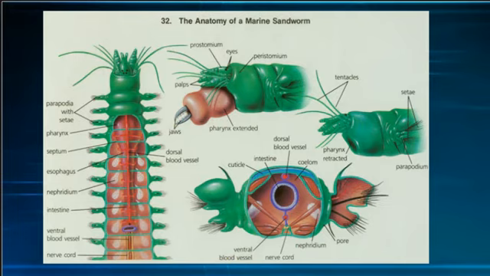The nephridium are kind of like little kidneys. The intestine coming along through here. Our blood vessel, a nerve cord even. Those will be pretty small. So you see a blood vessel at the top. That is the dorsal blood vessel. And the nerve cord is ventral. So be looking for that when you make your cut in there.